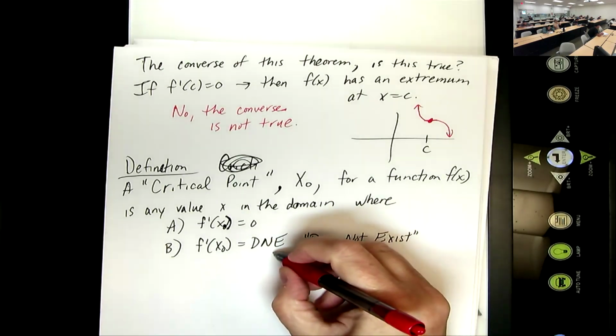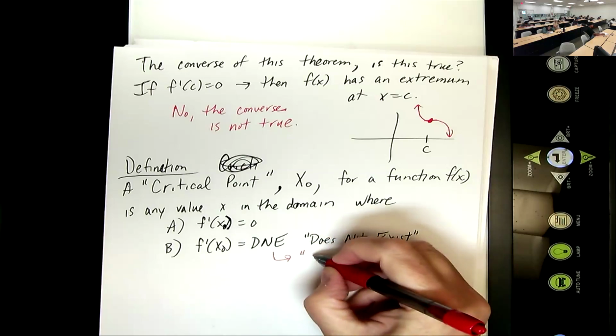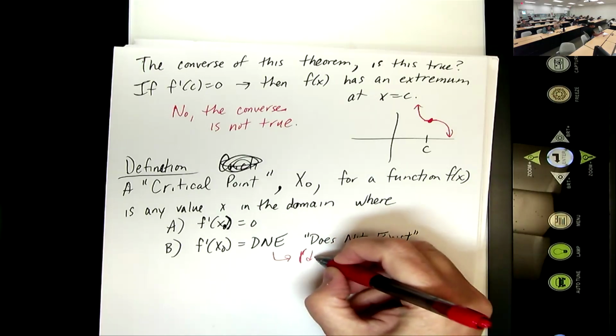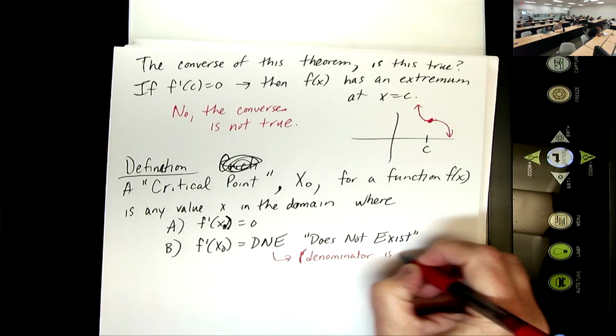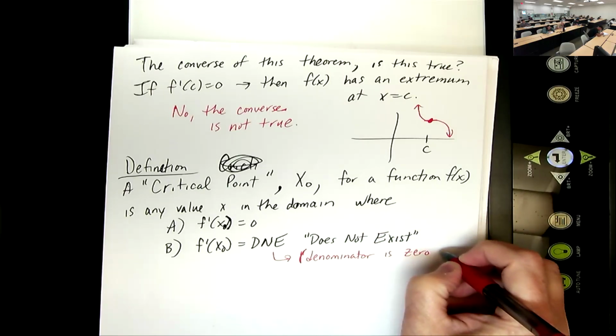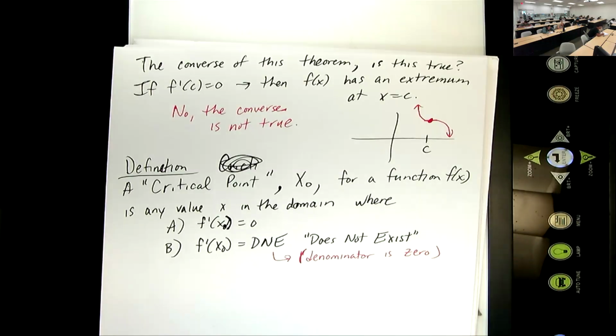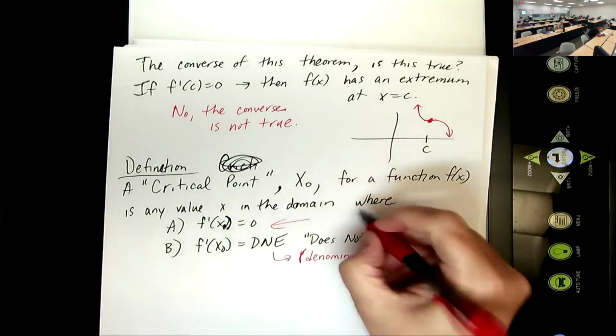This latter one happens when the denominator is 0. And to distinguish between these two things, we call this one a stationary point.